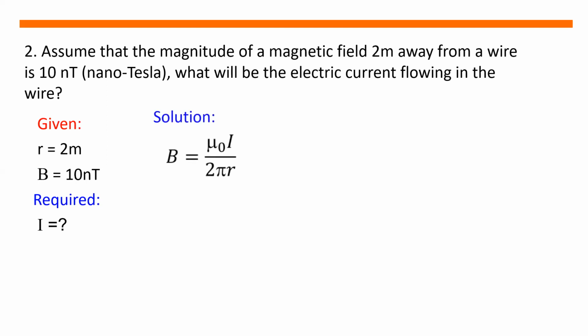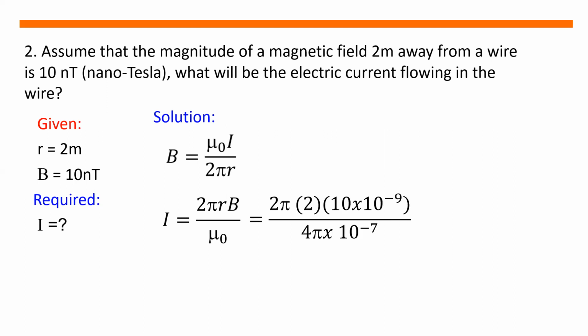Using again our equation, with a little manipulation to solve for the value of I, we arrive at I equals 2 pi R multiplied by the magnetic field, all over the permeability of free space.